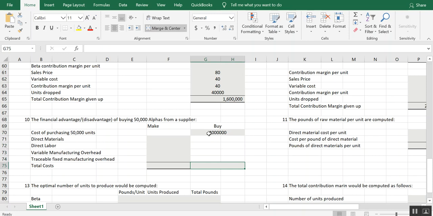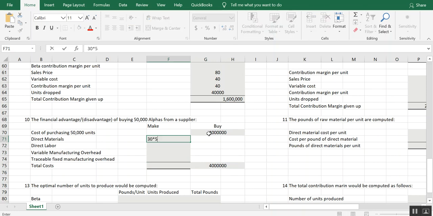So we're going to spend $4 million if we purchase these. Okay, if we make these, we're going to take the $30 a unit times 50,000. Again, equals, we get $1,500,000. Direct labor is $20 per unit times 50,000 units. Again, that's a million.